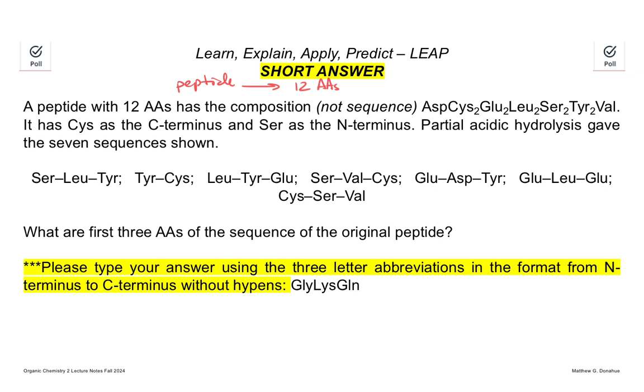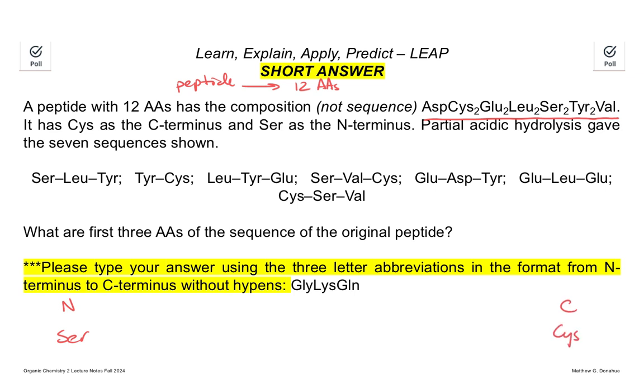So the composition, what's shown here, that's not the sequence, that's telling you just how many of those are present. And so we have to use the fragments shown and then piece it back together to find what the sequence is. And it says the N terminus is Ser, the C terminus is Cys.